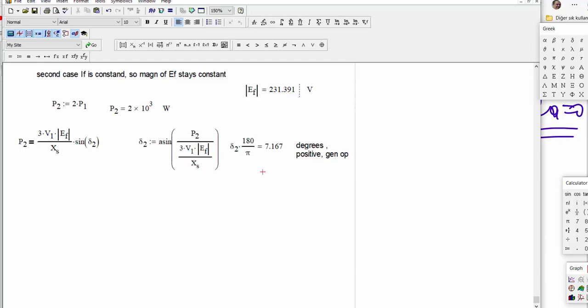But we should construct the equation. Let me write it down here. EMF is equal to, let me just make a logical equation here, terminal voltage plus j times current times excess.